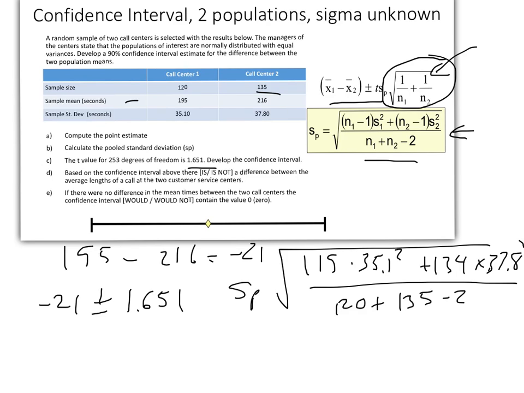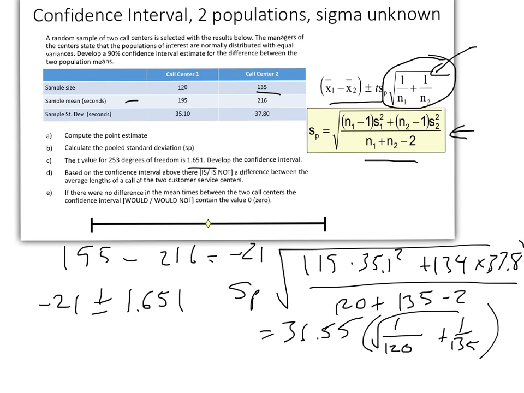When you calculate all of that, you end up with 36.55, and then you multiply that times the square root of 1 over 120 plus 1 over 135.